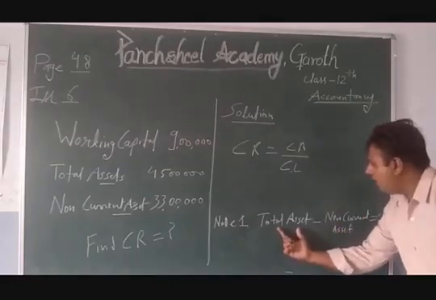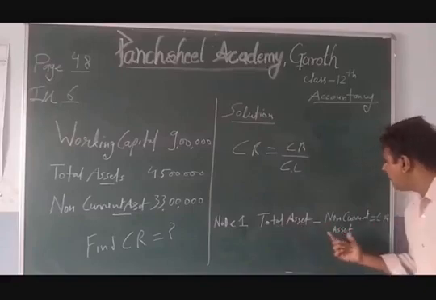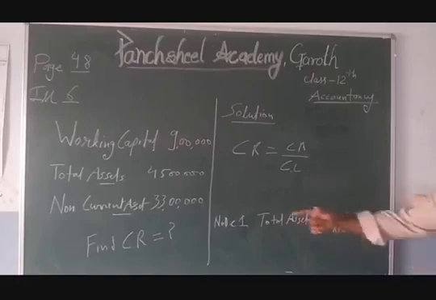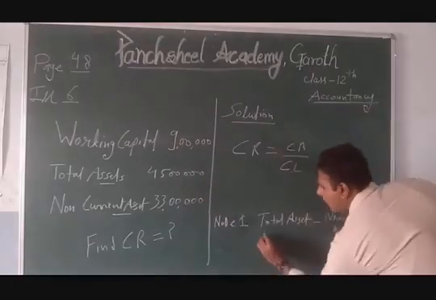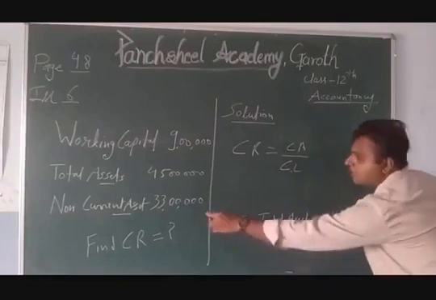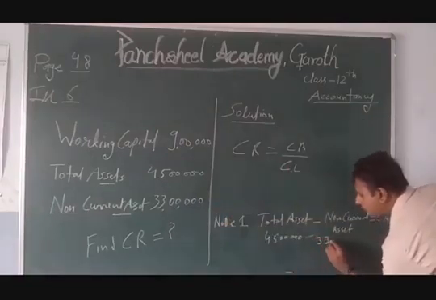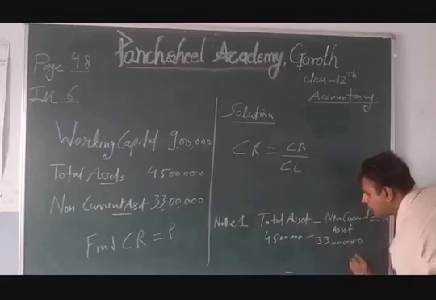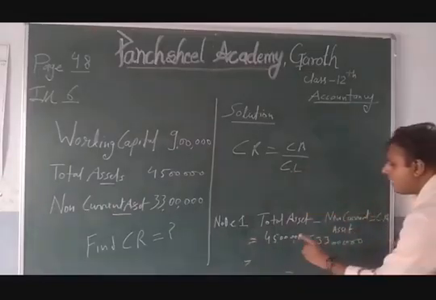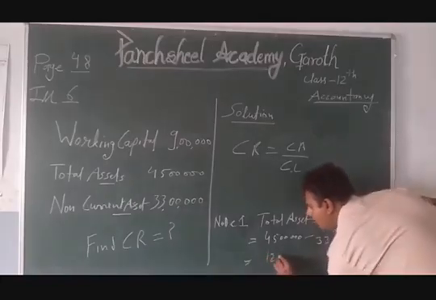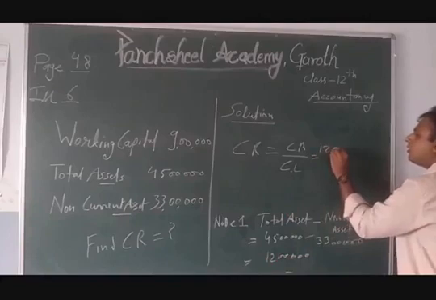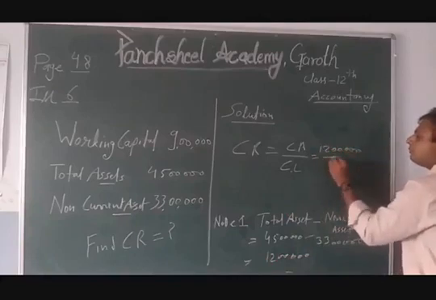When we deduct non-current assets from total asset, what comes? Current asset, the clue is given, so deduct it directly. 45 lakh minus 33 lakh. How much does it come? 45 minus 33, 12 lakh. So here the current asset is 12 lakh. Got it?